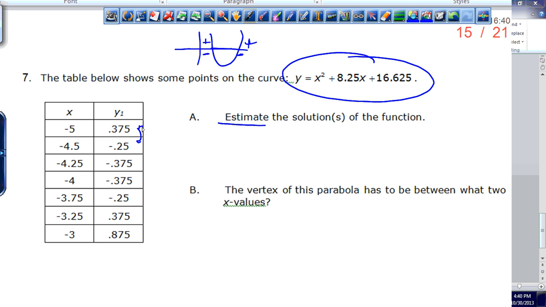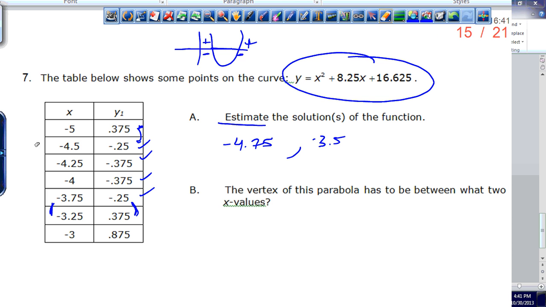Well, right here, it went from positive to negative. So that means I have a root somewhere between negative 5 and negative 4.5. Halfway between there would be negative 4.75. Then it stays negative, still negative, still negative. Then it goes to positive. So that means it changed again between these two values. So negative 3.5 is my other one.